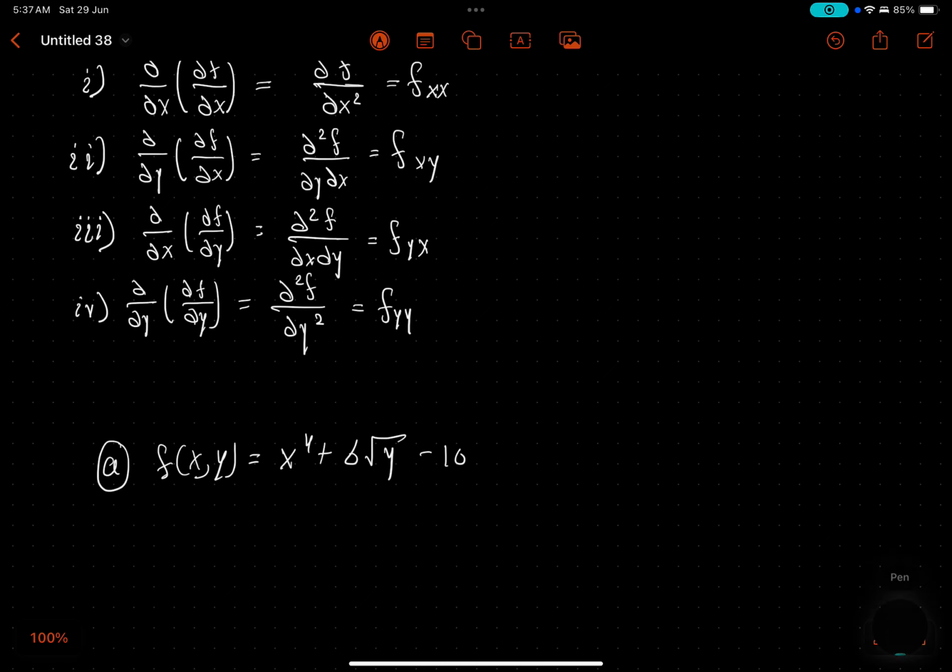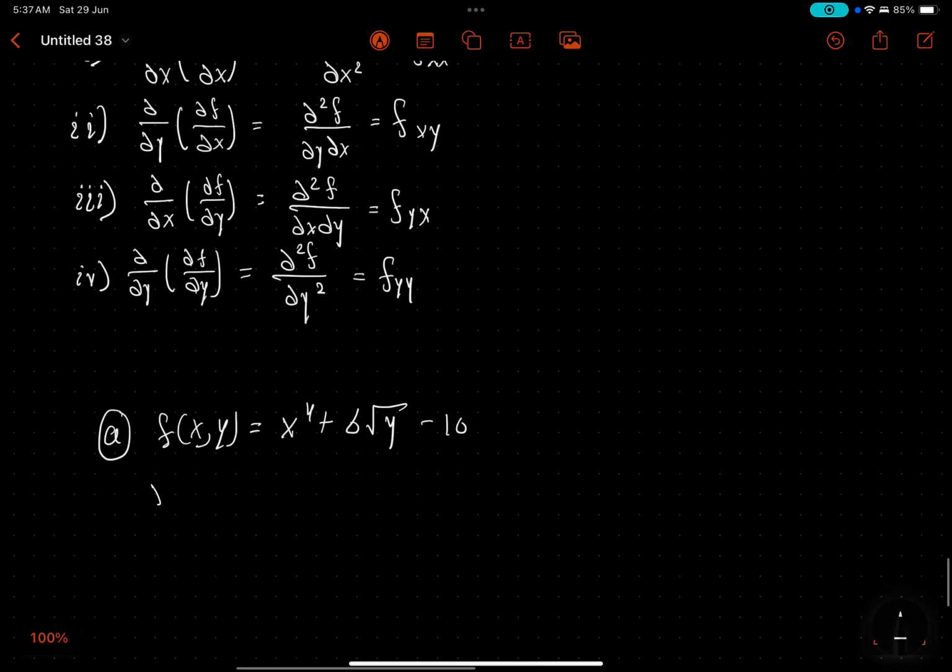Let's try to find first the partial derivative of f with respect to x, and then differentiate that fx. Now if we differentiate with respect to x, we need to let y be constant and then differentiate x. So we're gonna have fx equals 4x to the 3.